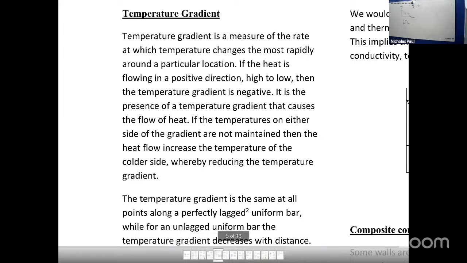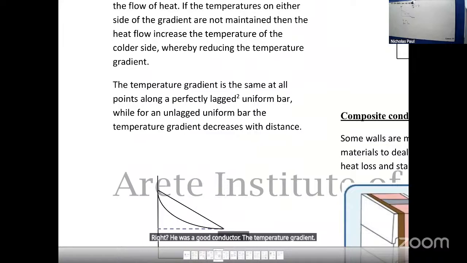The temperature gradient is the same at all points along a perfectly lagged bar. Perfectly lagged means insulated. If you're insulated, no heat is being lost to the environment, so you have nice straight lines. While in an unlagged bar, the temperature gradient decreases. So here you have lagged, here unlagged. All right?